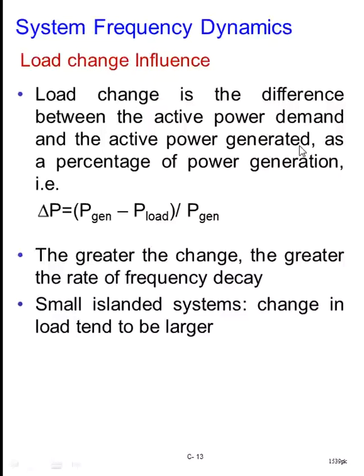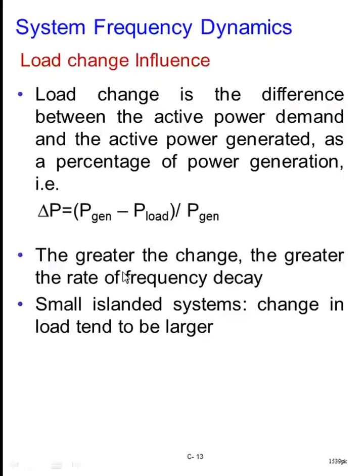It could be expressed as a percentage of power generation. As I said, the greater this change, delta P, the greater the rate of frequency decay. That means the rate at which the frequency will decay will be much more.